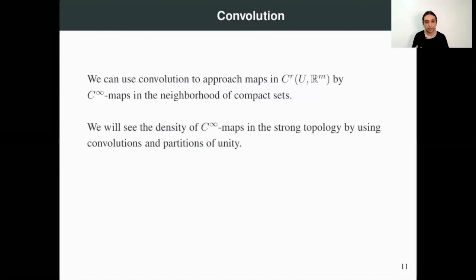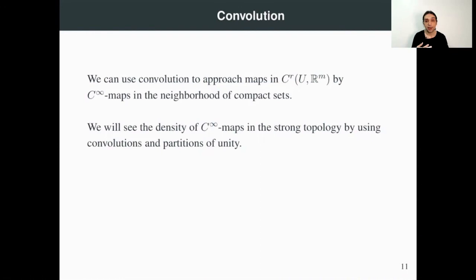And we will see that the density of C-infinity maps in the strong topology is a consequence of this trick, the use of convolutions in order to approximate our maps with C-infinity maps, and partitions of unity that are almost always necessary when we want to globalize results. The result that we got actually is a result for maps between Euclidean spaces.